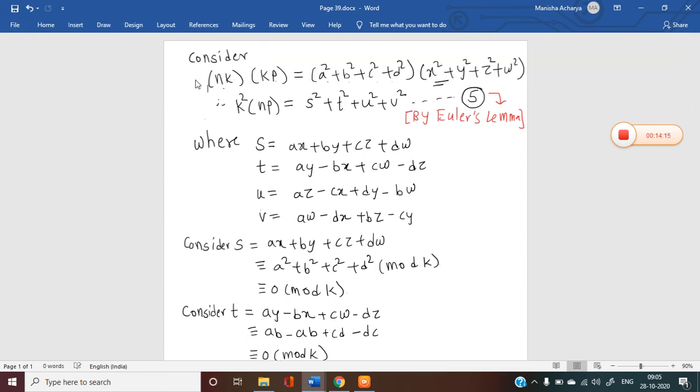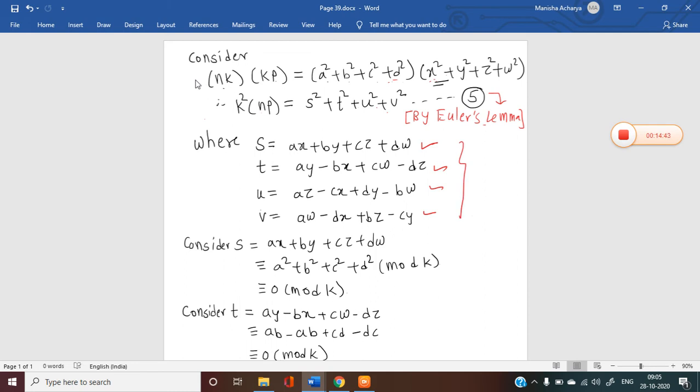If we simplify this, we get k square into np, which is equal to the product of two numbers where each number is a sum of 4 squares. So by Euler's lemma, this product also can be expressed as a sum of 4 squares. Here we have denoted that by the values x square plus t square plus u square plus v square. By Euler's lemma, you get all these values. So please refer to Euler's lemma. You have to remember that Euler's lemma.